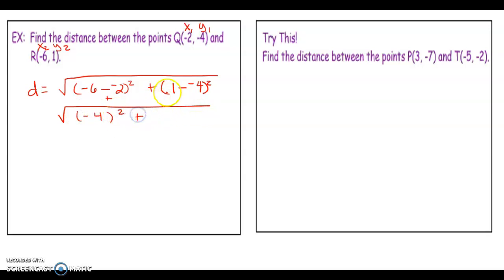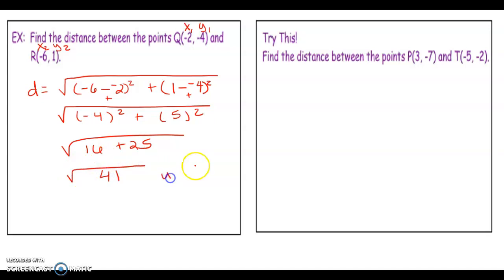And then plus, this is the same thing as 1 plus 4, so I'm going to have 5 squared. 16 plus 25, 41, and this is the exact form, or I can say my distance is approximately equal to 6.4 units. And that's just rounded to the nearest tenth.